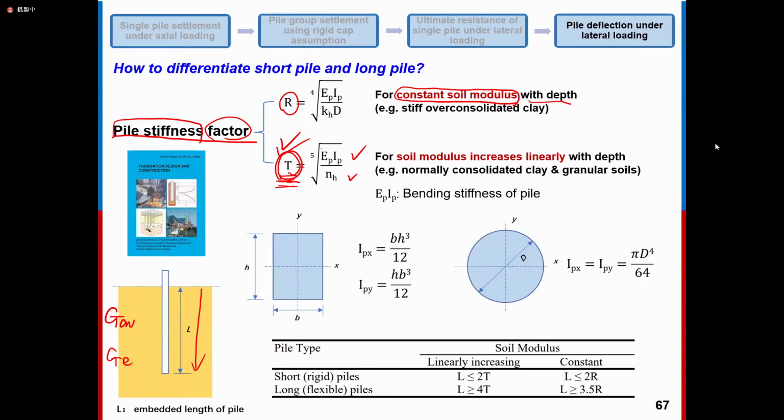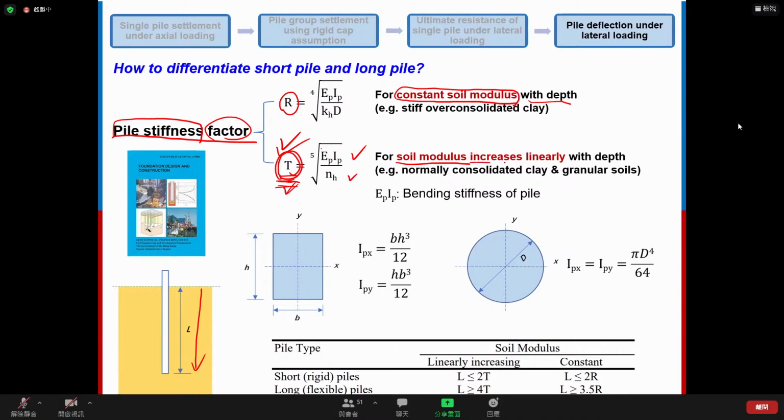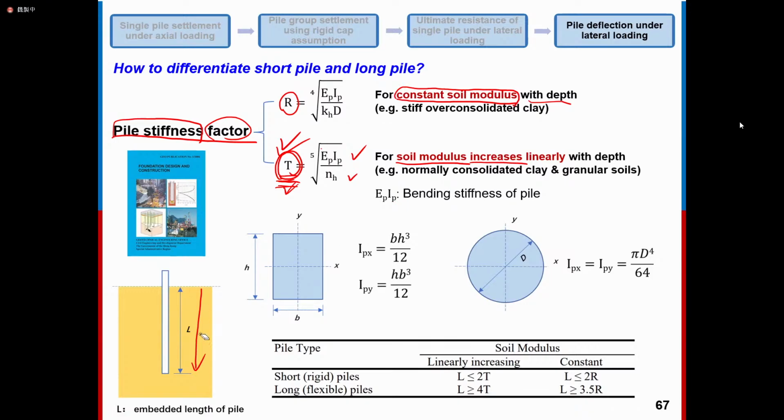So for this T, it is for the soil modulus increasing linearly with depth. This is more easily understandable, right? Because the soil will be compressed to a larger degree under a larger self-weight.